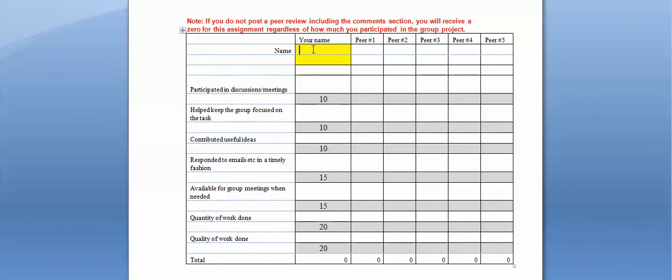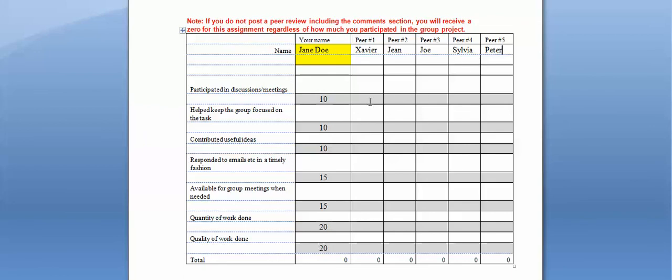For example, I would put in my name if it's Jane Doe, and then you would put in your peer's name here. So if Xavier is on your team, Jean is on your team, Joe is on your team, Sylvia is on your team, and let's say Peter. So those are the members of your team. You'll put in each of their names. You shouldn't need an additional space because I believe the maximum I have are 6 here. So this should fit.